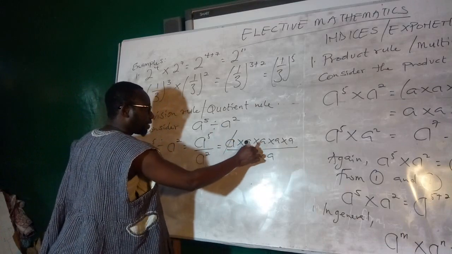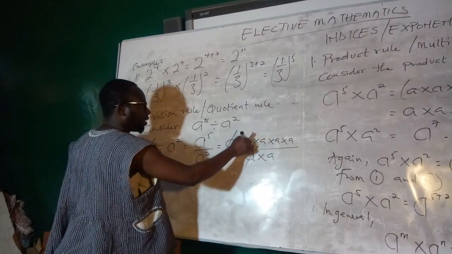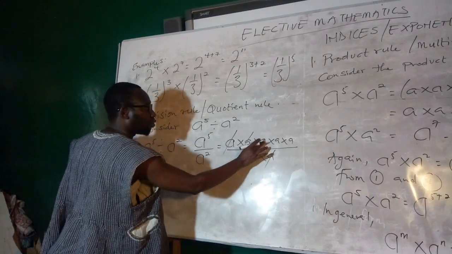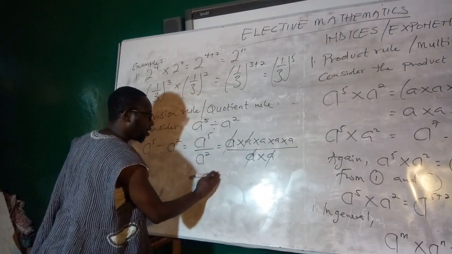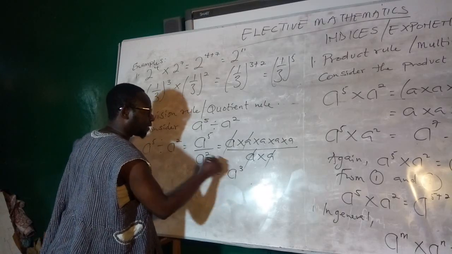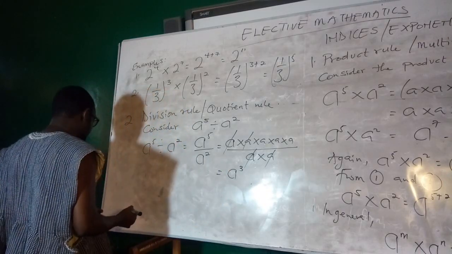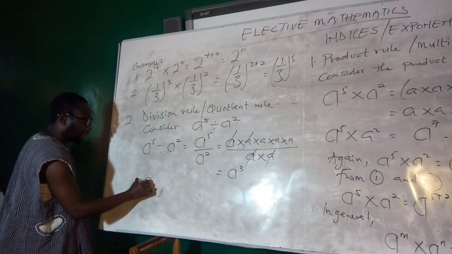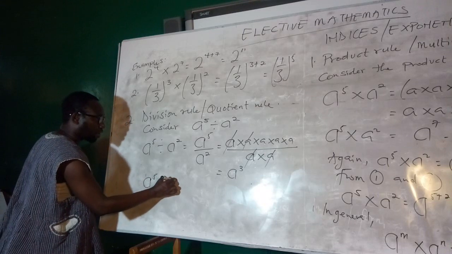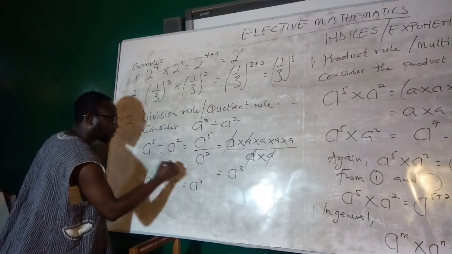So this a and that a cancels out. This a and that a cancels out. So now how many a's do we have? 1, 2, 3. So the common factor is a. How many times is it being multiplied? 3 times. So we can therefore state that when we have a raised to the power of 5 dividing a raised to the power of 2, we are getting a raised to the power of 3.